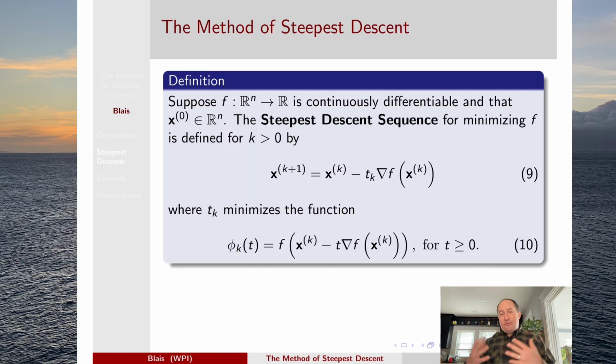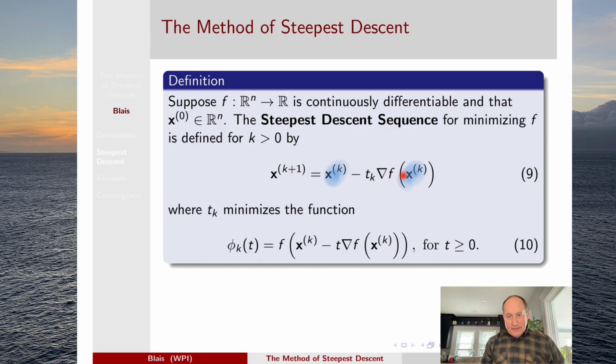This gives us the formal definition of the steepest descent sequence for minimizing objective function f. So we're at a current iteration, xk, and remember that means we know xk. We know the gradient. We can plug in xk to the gradient of f.